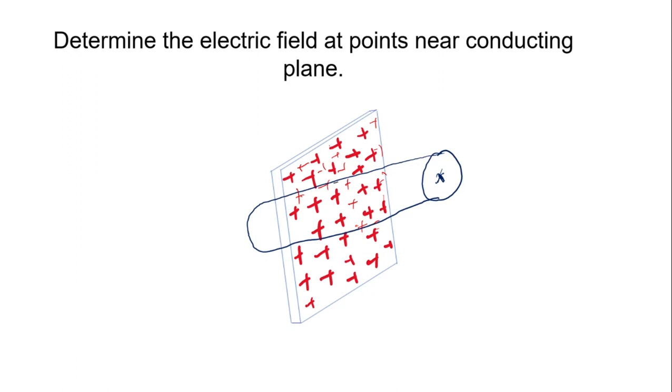So this cylinder will cross the surface. When we cross the surface, we will have this cross section. This point is this.